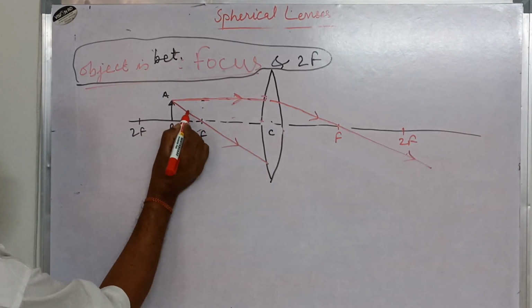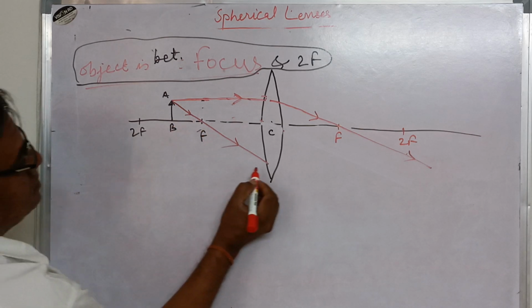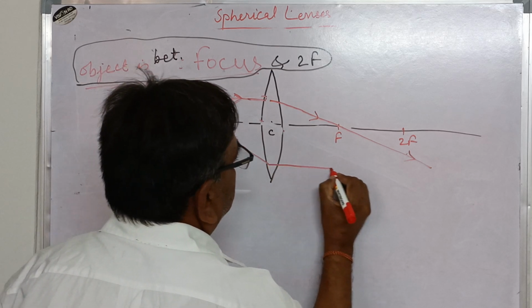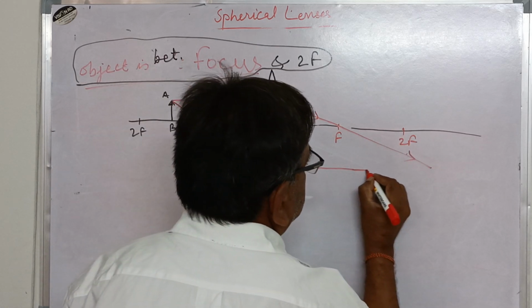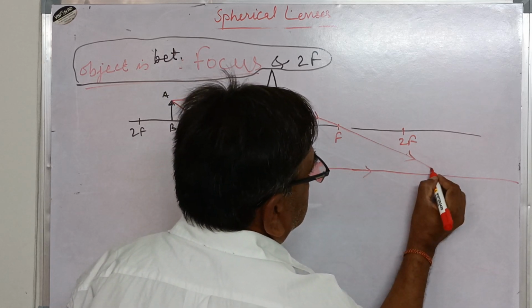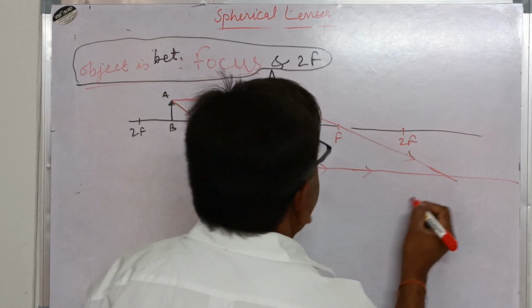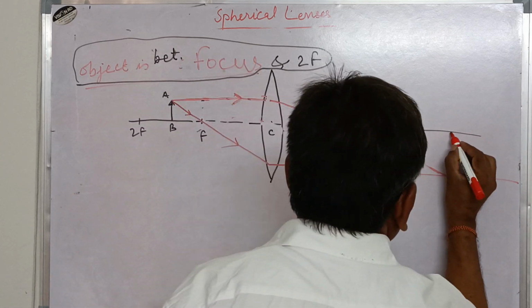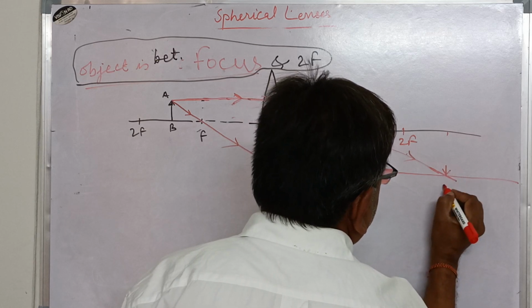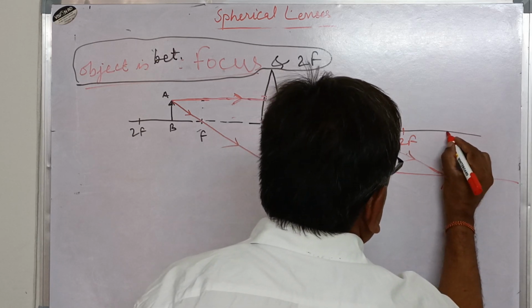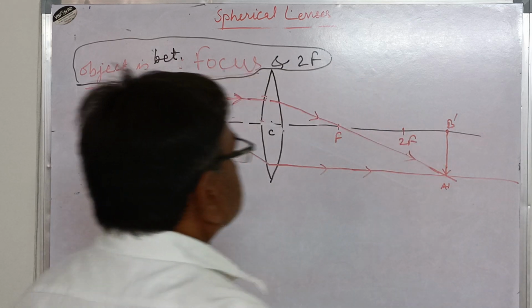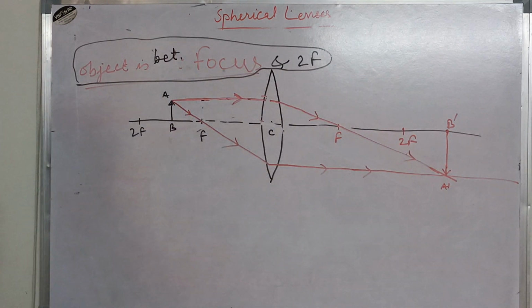So when an incident ray passes from the focus, after refraction it will go parallel to principal axis. So they will meet at some point here. So this will be the image A dash. A की यहाँ बनेगी और ये बॉटम यहाँ तक, यहाँ B dash. So this is the case.